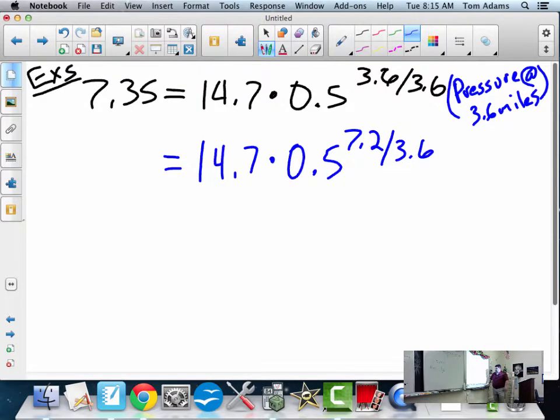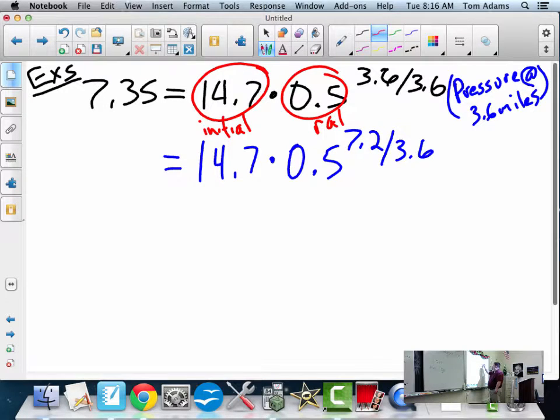Well, what they did is they just went out and measured a few things, okay? Now the way this model works is 14.7 is an initial condition, right? So this is our initial condition, so that will never change. This 0.5 is like our rate or base, which is the same as 1/2.